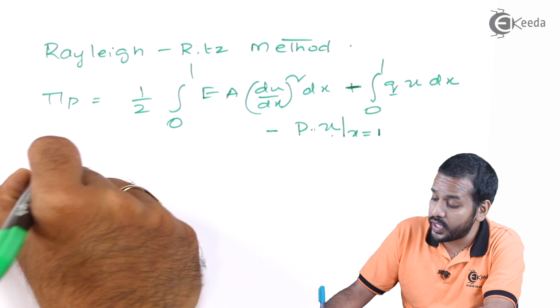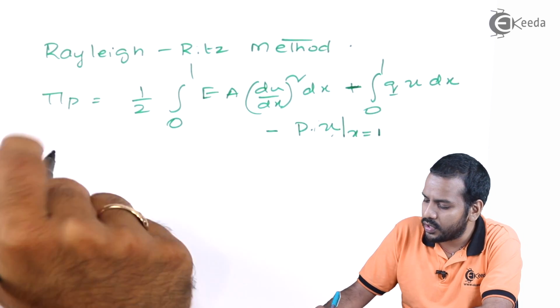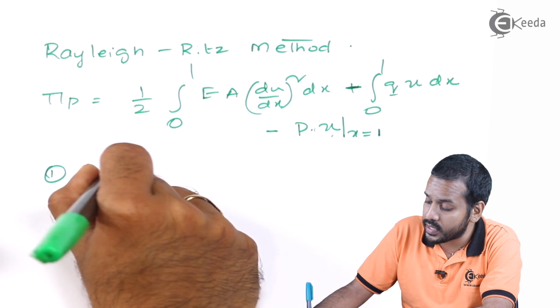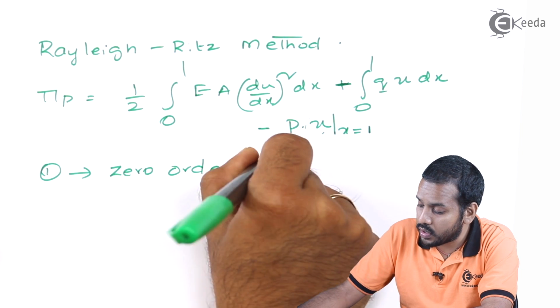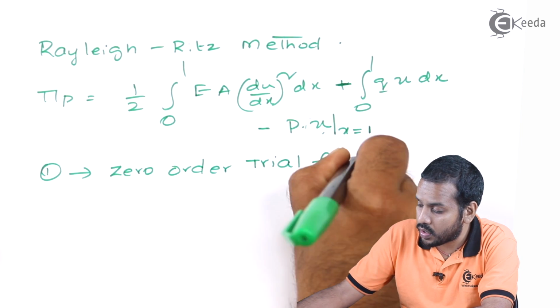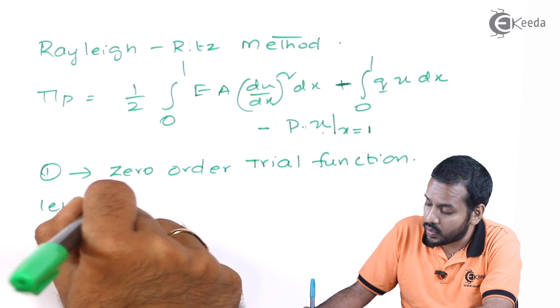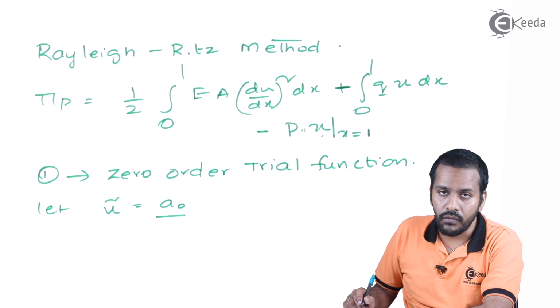So for this, what we need to do, we need to assume some trial functions. So let us assume a constant trial function. So let us assume a zero order trial function. So let u tilde equal to a naught, right?